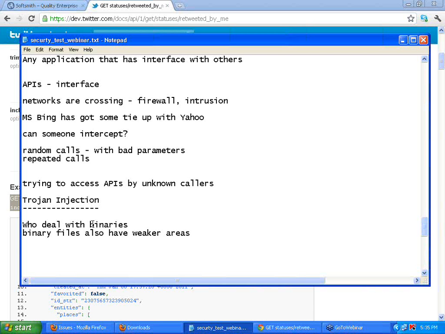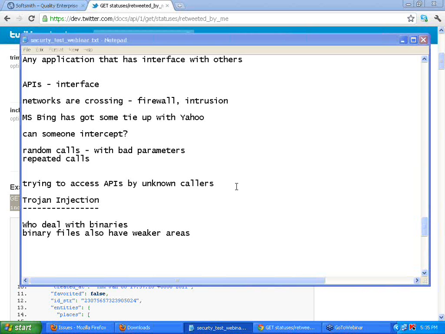Same way, there are people in the software industry who can understand the weak portion of the binary and the strong portion of the binary. The weak portion is the place where Trojans come and sit. They will try to remove that weaker part, compress that binary part. So Trojan injection is another area, but as a tester we cannot find that out.